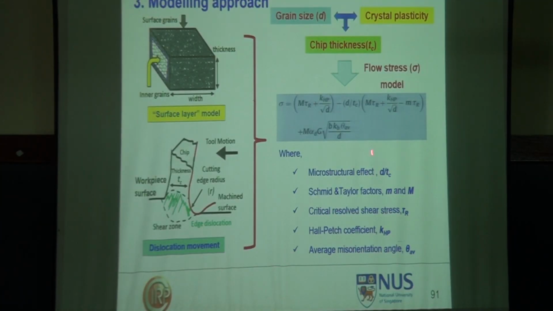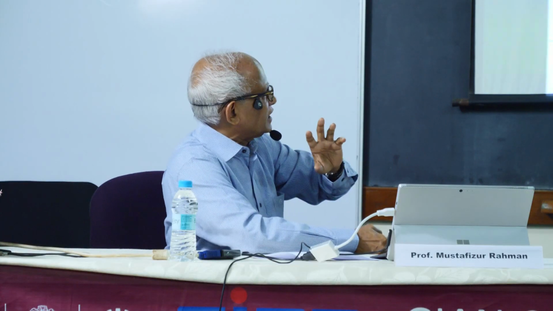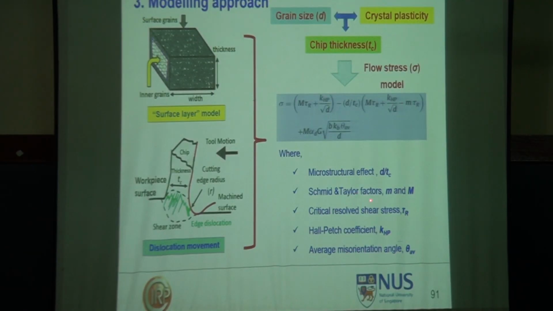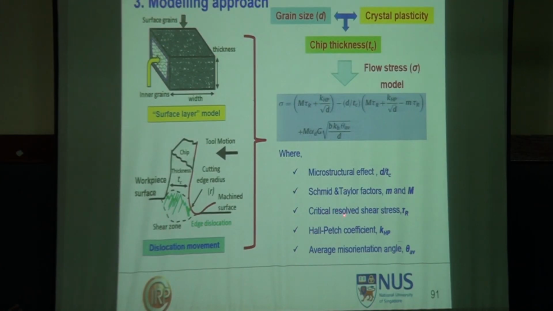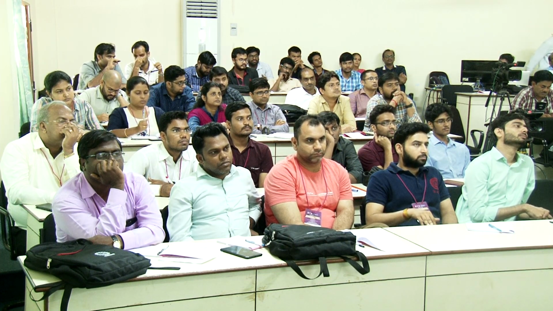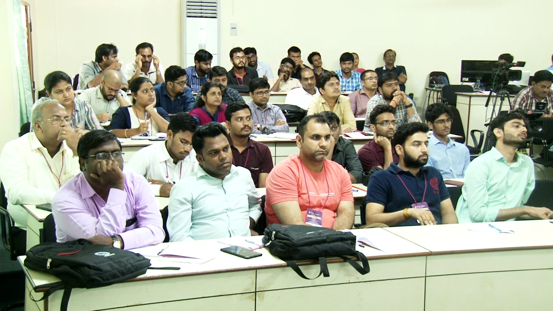Microstructural effect, D is the diameter, though it is not a spherical thing, but assume it is a spherical thing, D by tc, critical chip thickness, Smith and Taylor factors which are needed to analyze the equation, which is M and small m in the equation, small n and capital M, and critical resolved shear stress, tau R or eta R, half pitch coefficient, again you get it from the reference, average misorientation angle, theta. Okay? So from all these, you proceed.